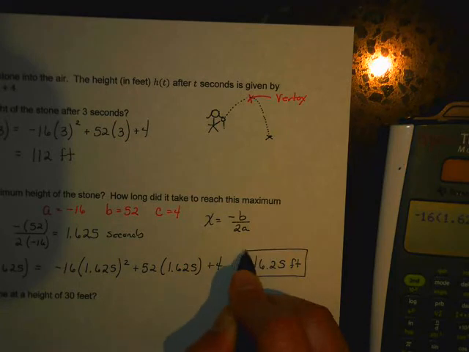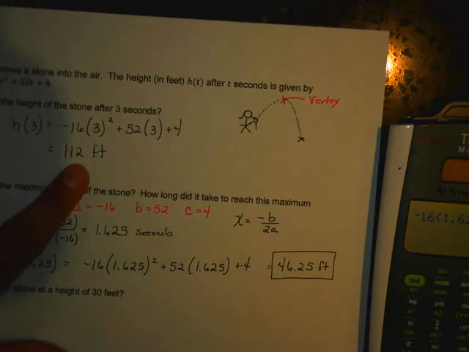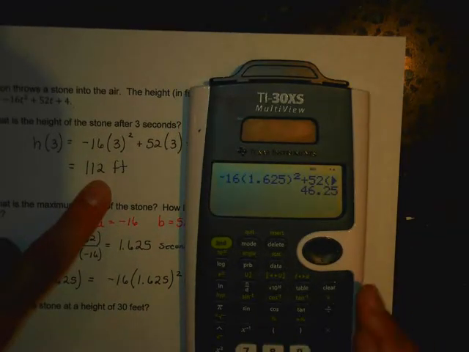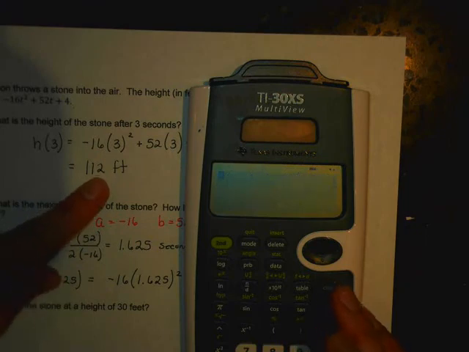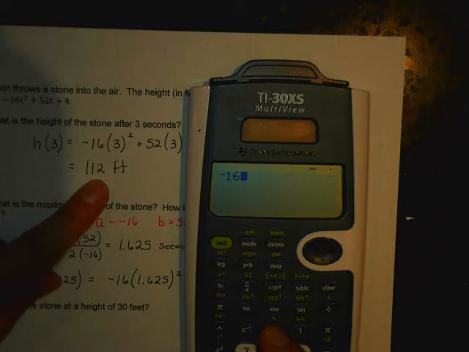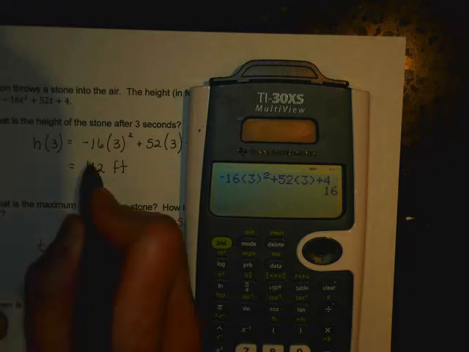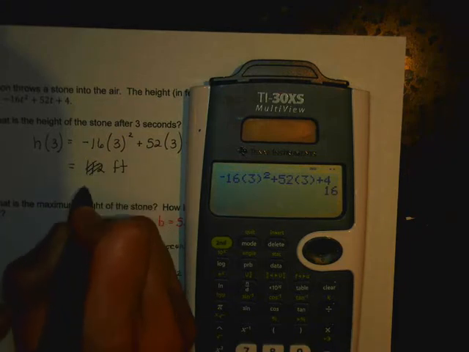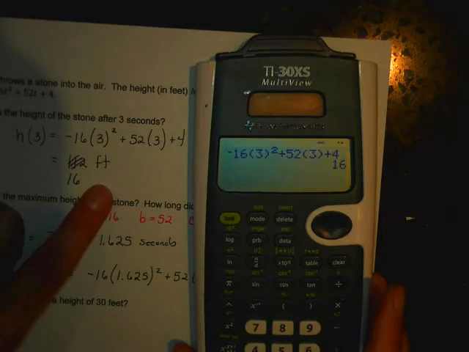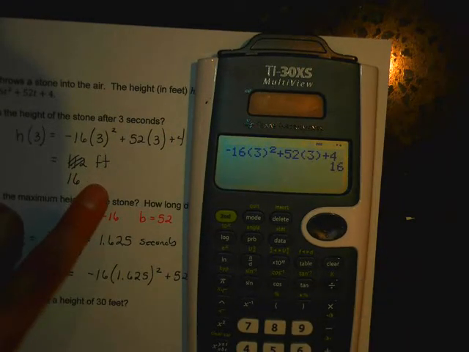You see how this answer is causing me some concern? So let's pop 3 in there and see what we get. For 3 seconds plus 52 times 3 plus 4. Somehow I beefed this up. So this should be 16 feet. Let's try this one again.